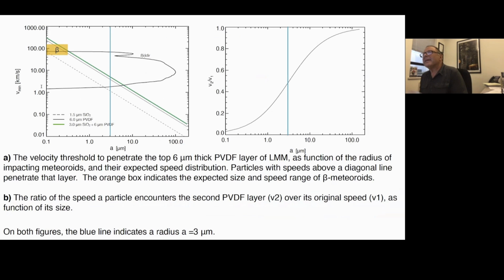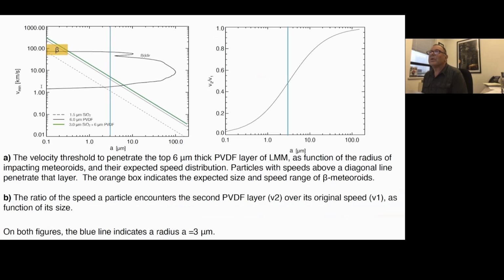So it has to be a little bit thoughtful because you have to penetrate the top film, and given the size distribution, the plot on the left, those straight lines on the log-log scale going across, like the green one. If you were to have a 6 micron and a 3 micron PVDF film, and for thermal reasons, it would have a silica oxide coating and so forth. What are the particles that would penetrate?